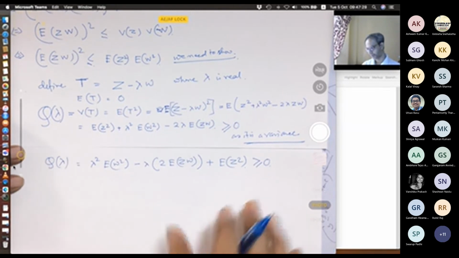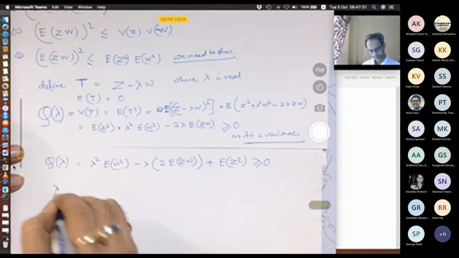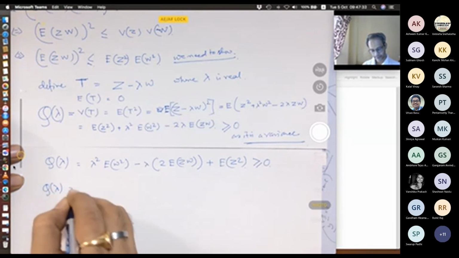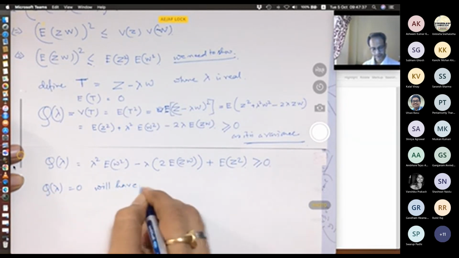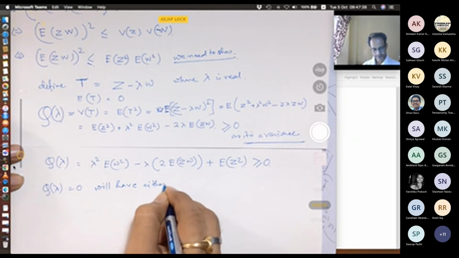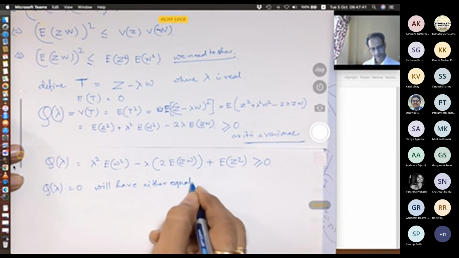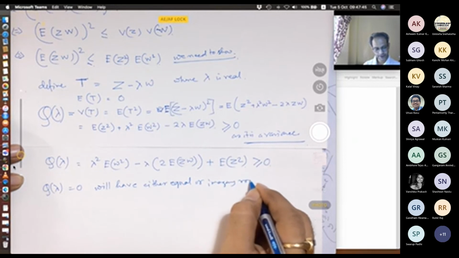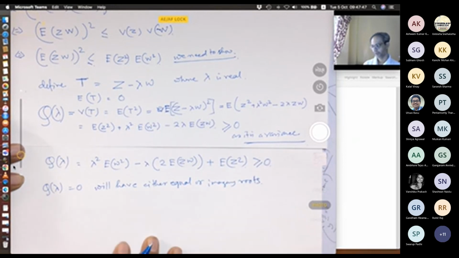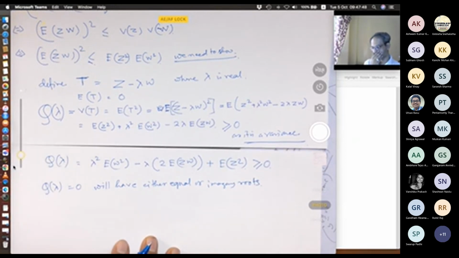So Q of lambda equals 0 will have either equal or imaginary roots. Okay, so what will be the condition for that?